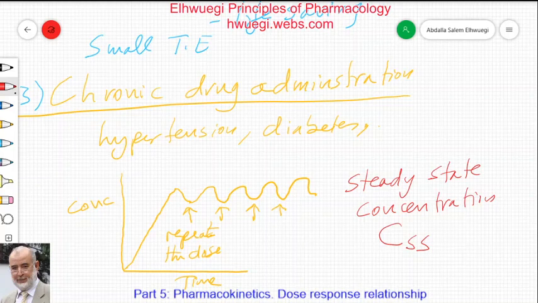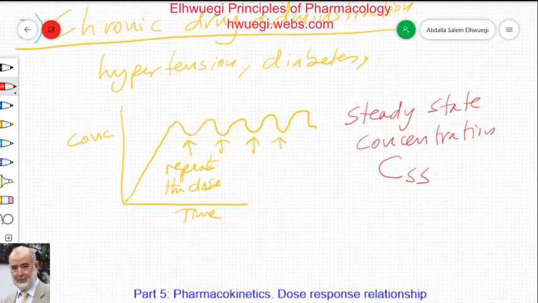Okay? So in chronic disease, I have to take the drug several times a day in order to keep the drug at therapeutic blood level at a steady state concentration. This steady state concentration is determined by the area under the curve.